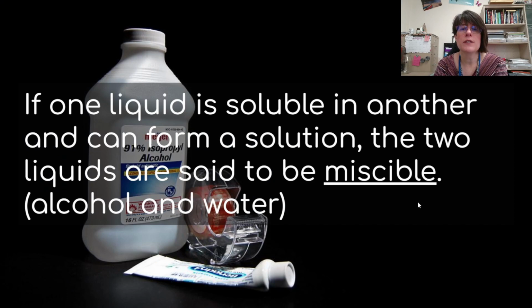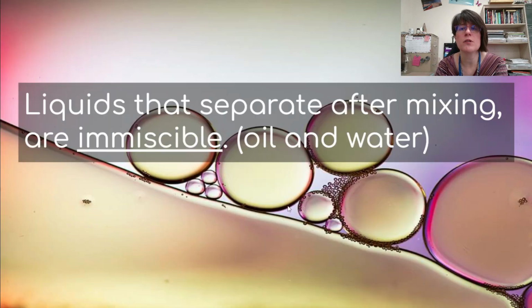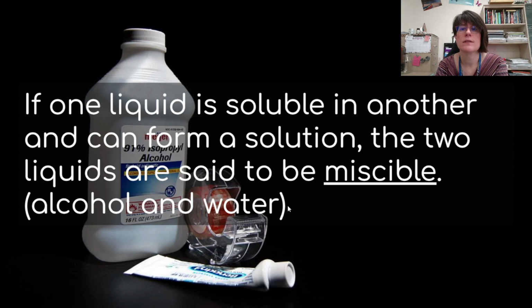Now, if one liquid is soluble in another and can form a solution, the two liquids are said to be miscible. So think mixable, okay? And an example is alcohol and water. This only works for liquids.